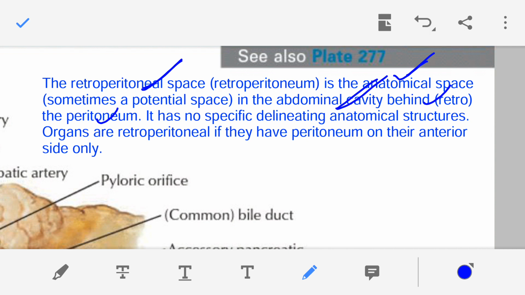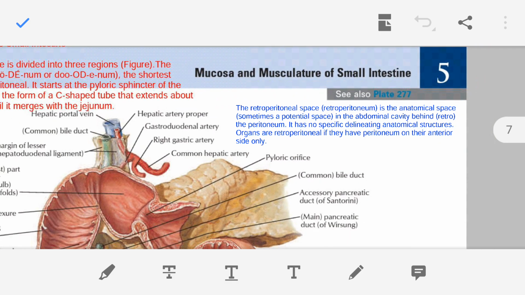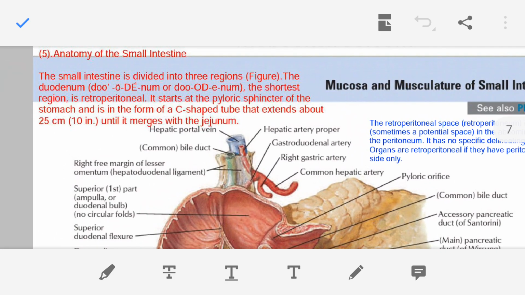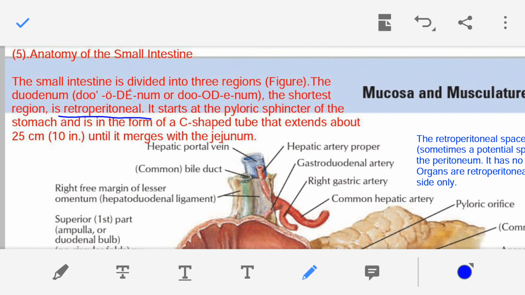So simply the meaning of this line is that the duodenum is present in the abdominal cavity behind the peritoneum. So that is the meaning of this term, retroperitoneal.